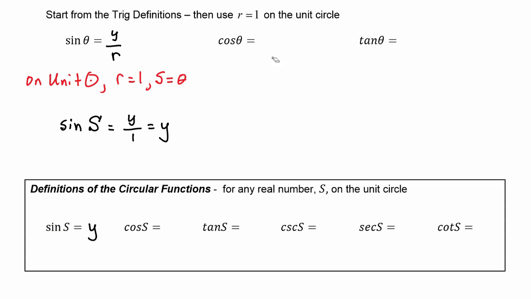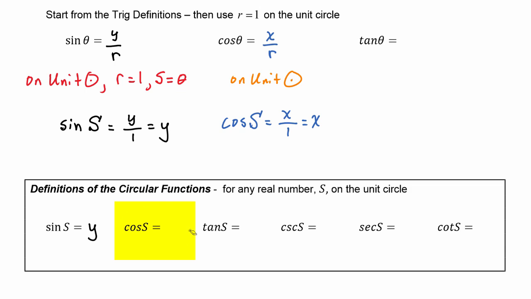Next, we'll look at cosine of theta, and its trig definition is x over r. Again, on the unit circle, we can make those substitutions and we get cosine of S, because we're substituting S for theta, is equal to x divided by 1, which is equal to x.